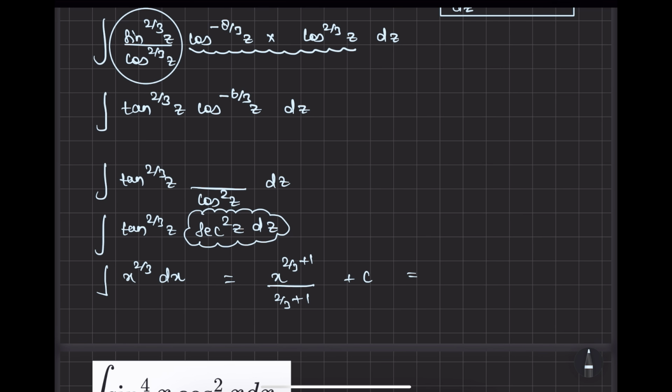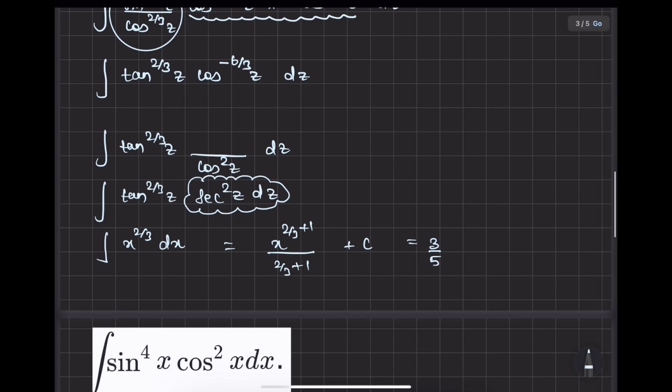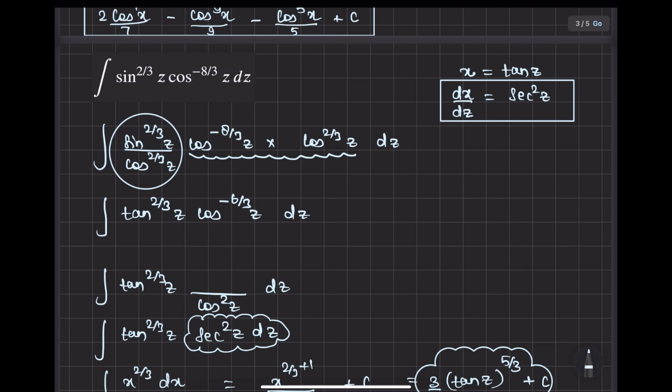So it is 5 by 3. So it is 3 by 5, and then x. You know that the answer should be in z because the question was in z. Okay. So who was x? tan z. So 3 by 5 tan z to the power 5 by 3 plus integration constant c. So this is the value of the integral. Okay, I hope now you can solve this question.